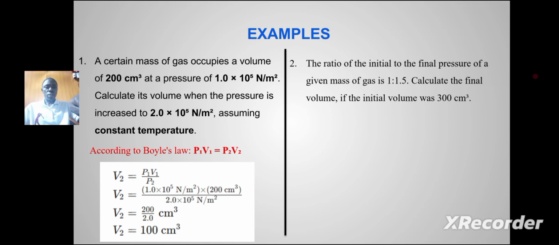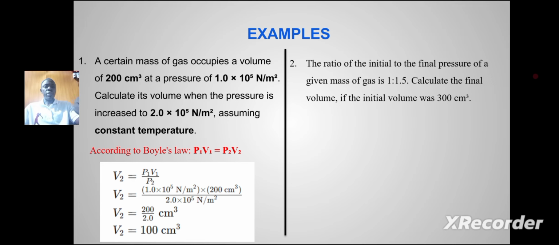So P1, as you can see in the question, is 1.0 times 10 to the power 5. It's substituted, and then V1 is 200 cm cube, all over 2 times 10 to the power 5, which is P2.